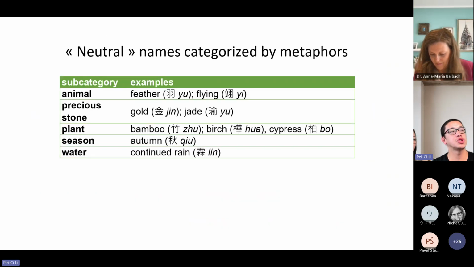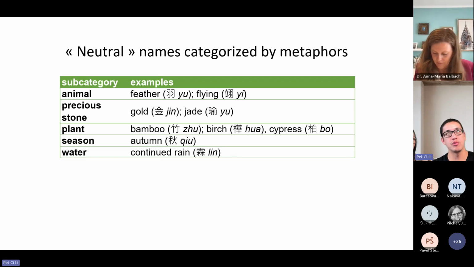If we look at metaphors, again we have the major categories: animal, stone, plant, seed, and water. Again, if we look into the details, we have some small differences. Here we don't have phoenixes or dragons for animals. However, we find more body parts of animals, especially for birds. We have characters referring to feathers or flying. And for precious stones, we find both types of stones, so either gold or jade, that are both used here.